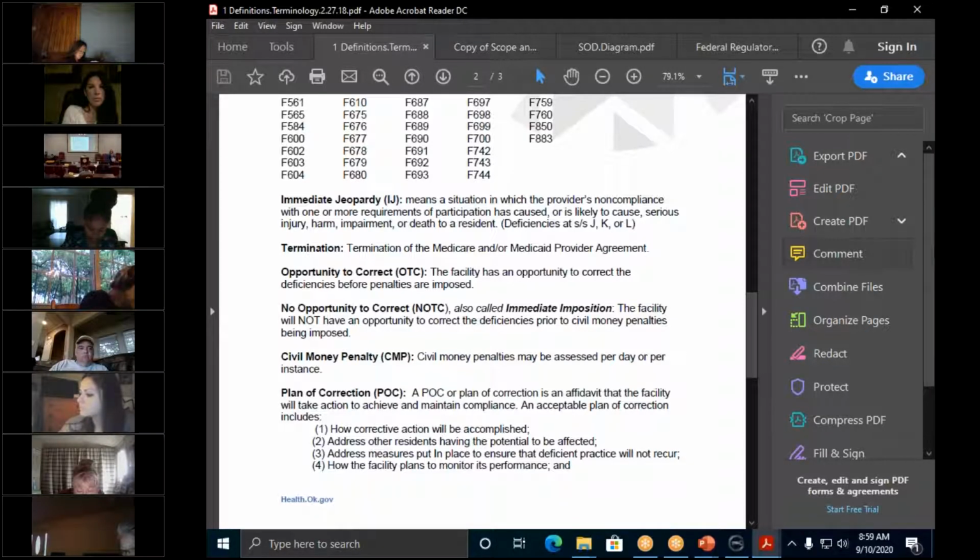If you have a deficiency cited at F880, starting at a D, and you have a history of F880 on anything within the last year, then you'll have a faster DPNA date. It may be 45 days, it may be 30, depending on how many of those F880s.